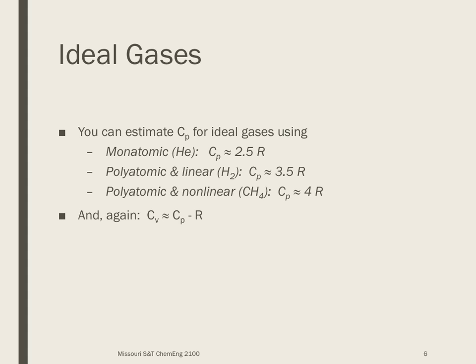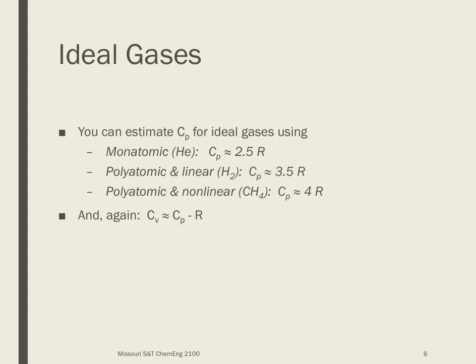Some molecules are monatomic. Helium is probably the best known example, but any of the noble gases would be a monatomic molecule. In those cases, C sub P is going to be very close to 2.5 R, and you just choose the appropriate R for the units that you wish to have for C sub P.